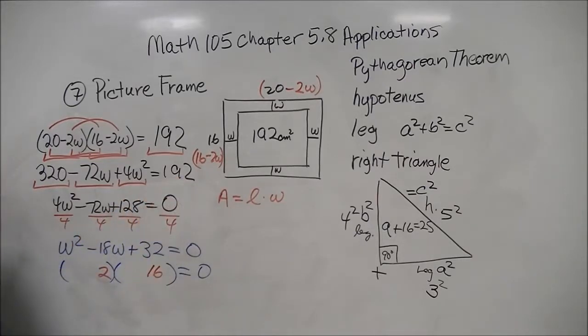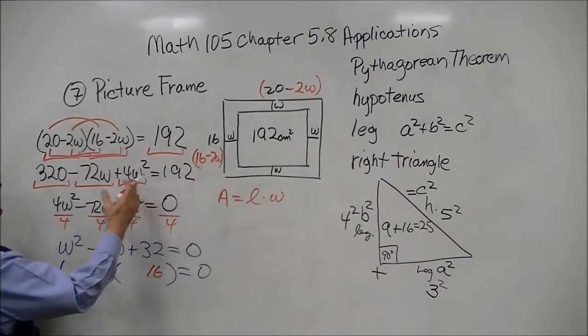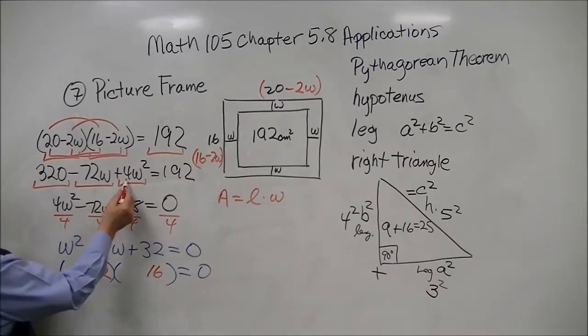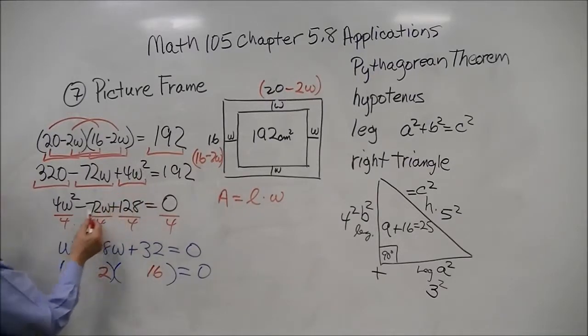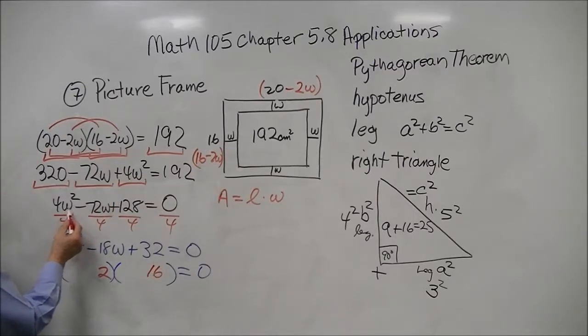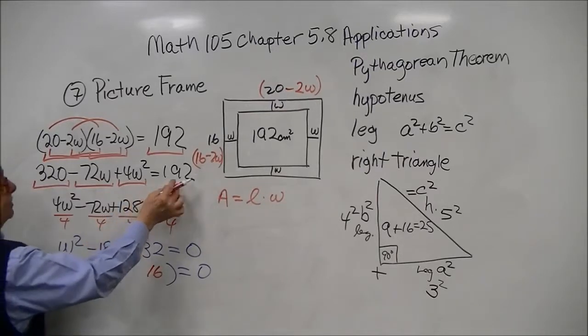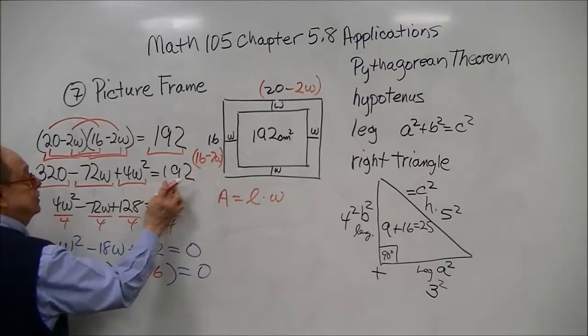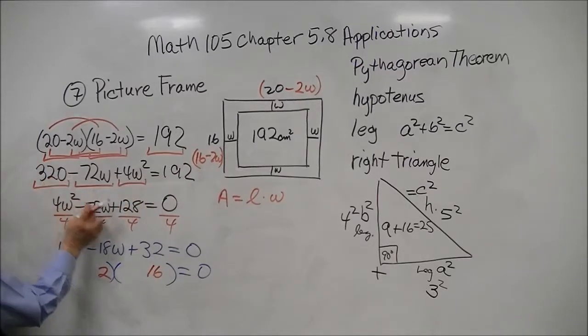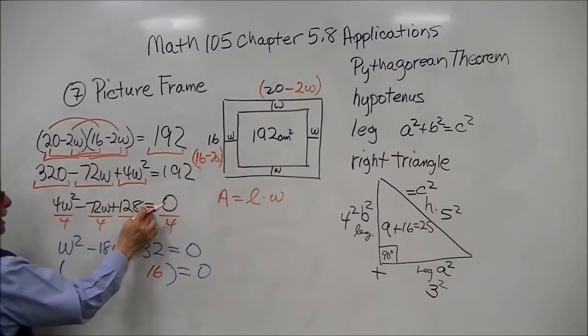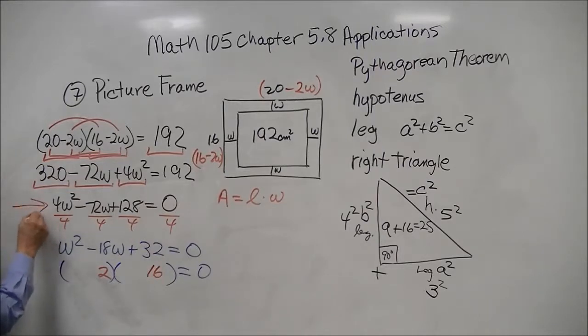And there's my area. Now, I have a quadratic equation that I have to put into standard form. So I put my 4w squared over here, my minus 72w there. I subtracted 192 from both sides, and I got 128 equals 0. So there's my standard form of the quadratic equation.